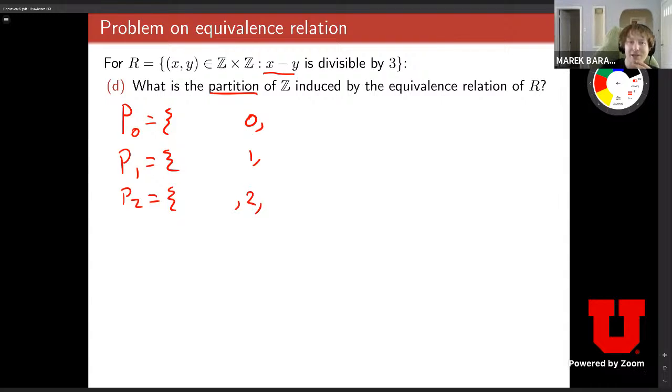So remember that we're looking for numbers whose difference is divisible by 3, or has a remainder of 0 when divided by 3. I'll give you maybe a minute to think about this. Just think about the numbers that are in the relation with 0, the numbers that are in the relation with 1, the numbers that are in the relation with 2.